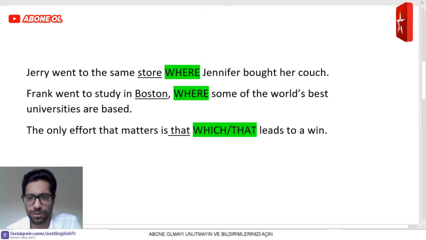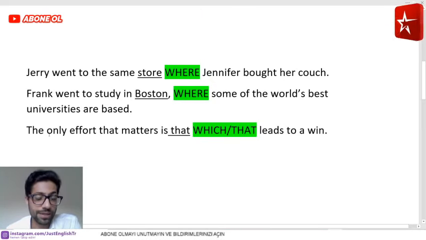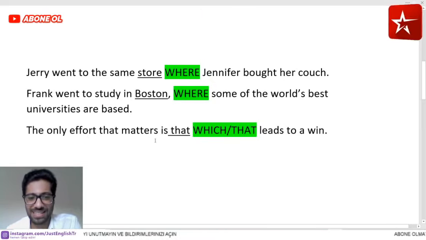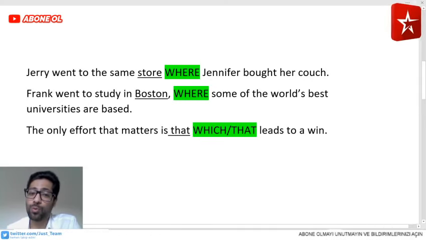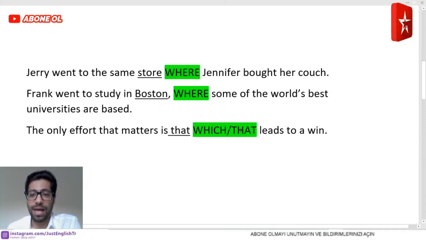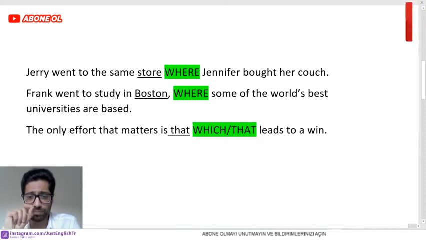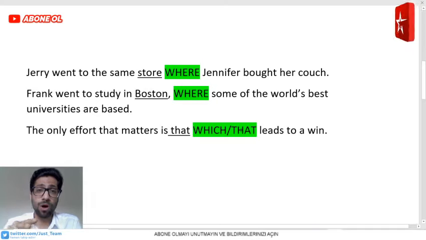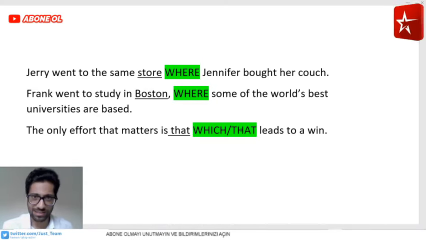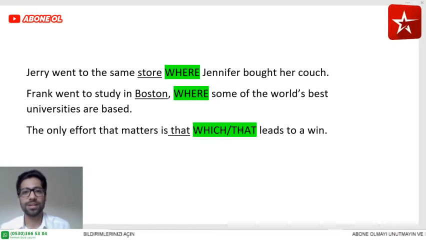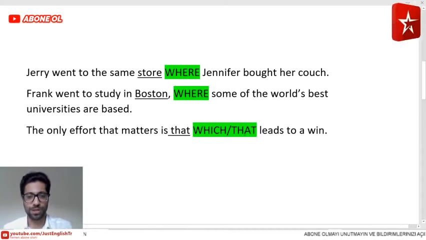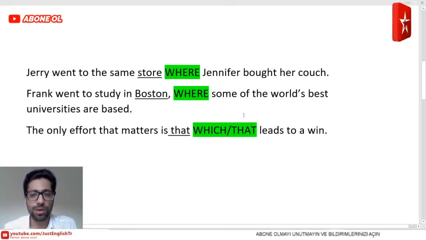Let me put it here in the middle so that you can see it perfectly. The only effort that matters is that, which. Here you can use which and that, no problem. In some of the exams, if someone wrote which, it is correct, and the other student wrote that, it's also not a problem. You see, you can use them both.